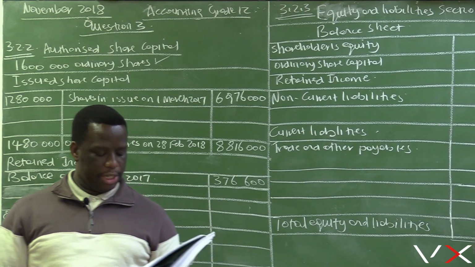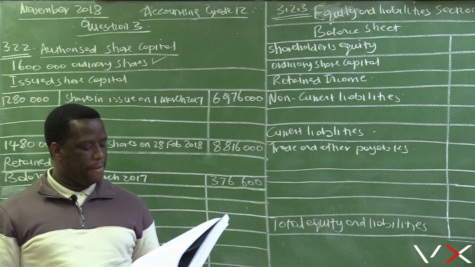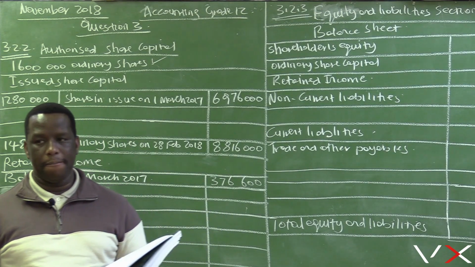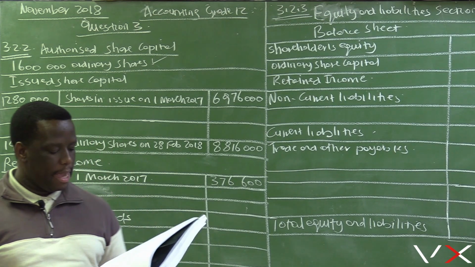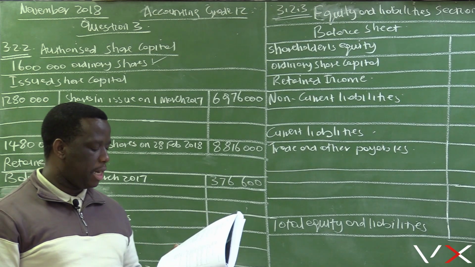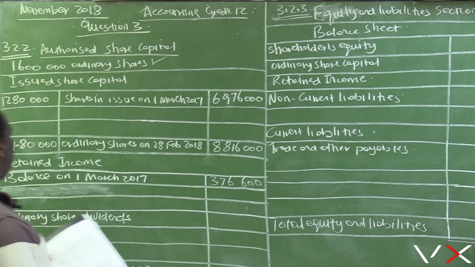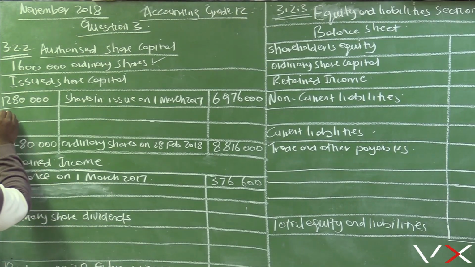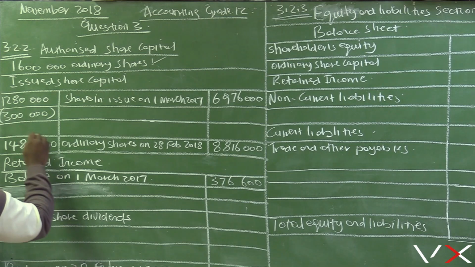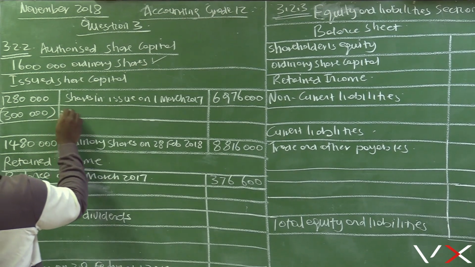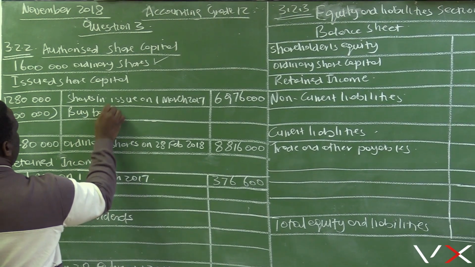The following transaction under information G on page 9 says, on the 1st of May 2017, 300,000 shares were repurchased at 465,000 above the average share price. So 300,000 shares were repurchased. We are buying back 300,000 shares, a buyback of shares.